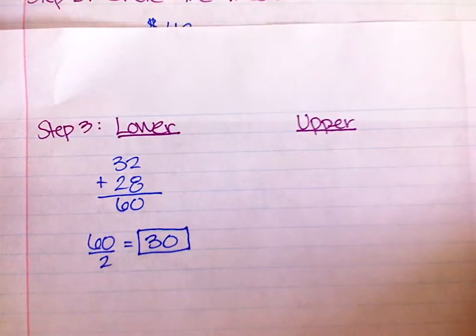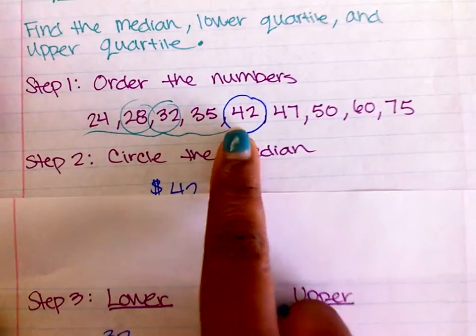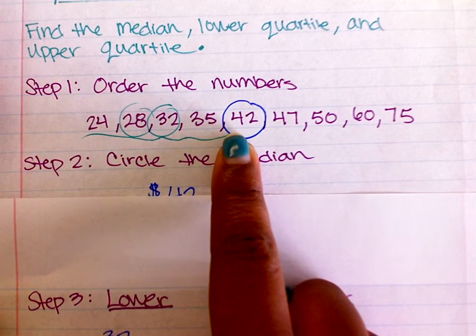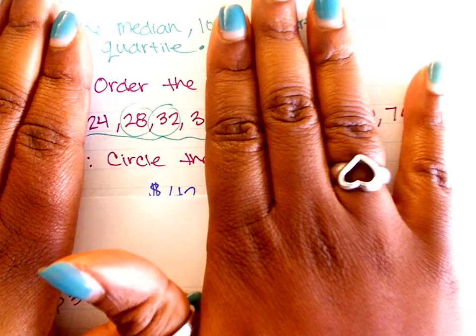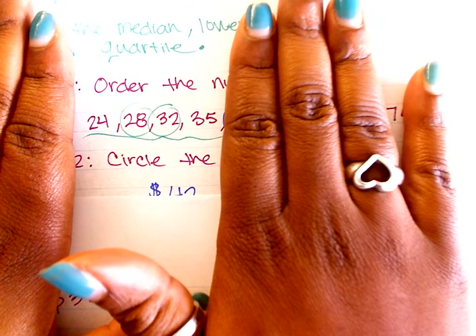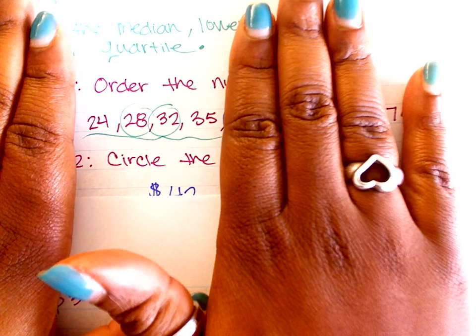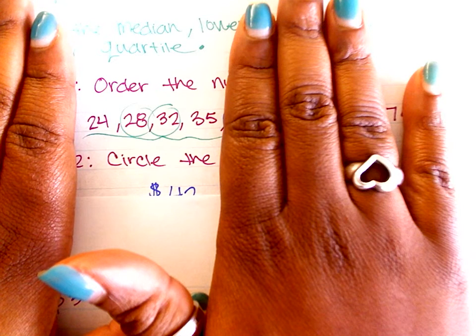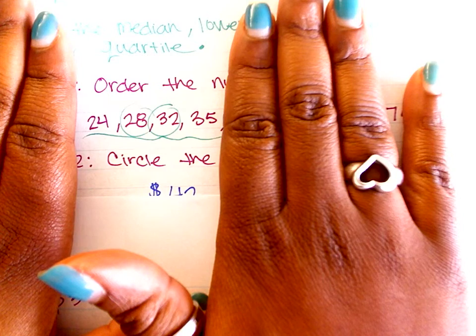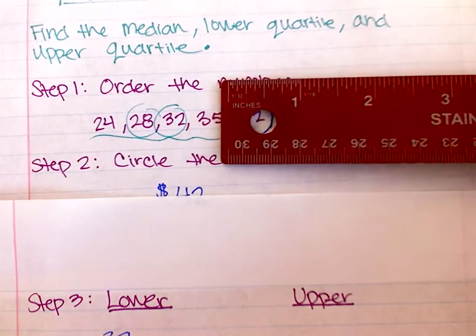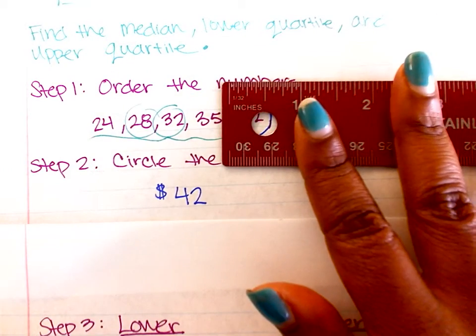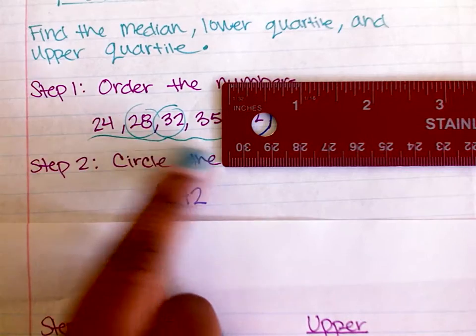No? Okay, look. I found the median, right? The lower quartile means I find the median of the lower half. Oh, I see. So 32 and 28 are both in the middle, so I have to add them together and divide by 2 to get the median. So lower quartile means, Maverick, that I ignore the rest that I did, and I'm just finding the median of these 4 numbers.